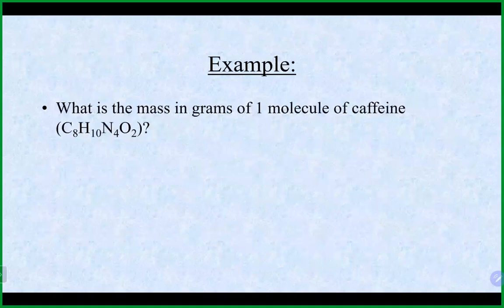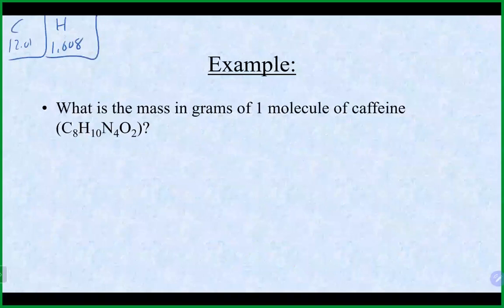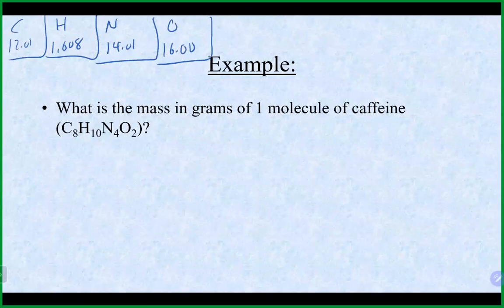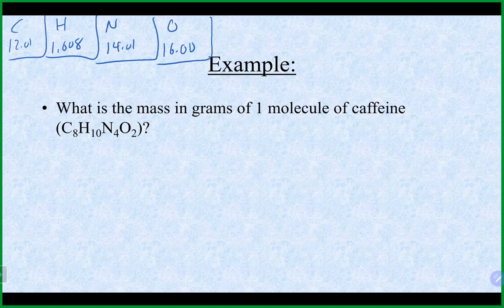What is the mass in grams of one molecule of caffeine? So again, from the periodic table, carbon 12.01, hydrogen 1.008, nitrogen 14.01, and oxygen still 16. All right, we're looking for mass in grams of one molecule of caffeine. We're starting with molecules.